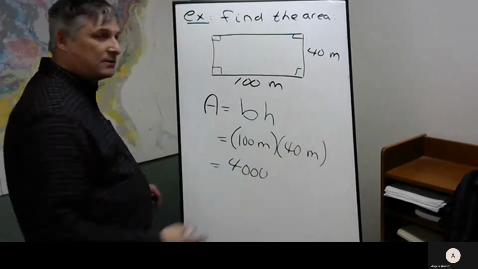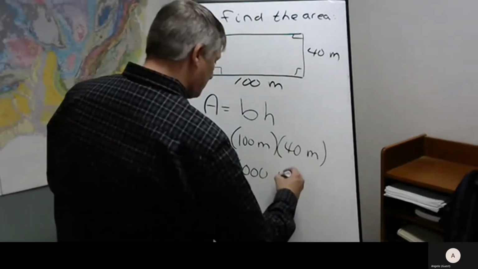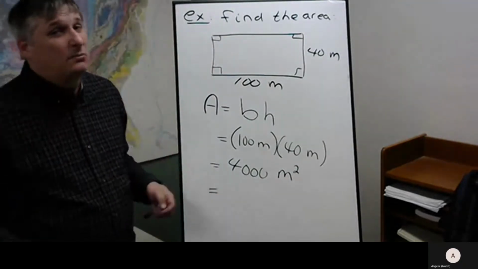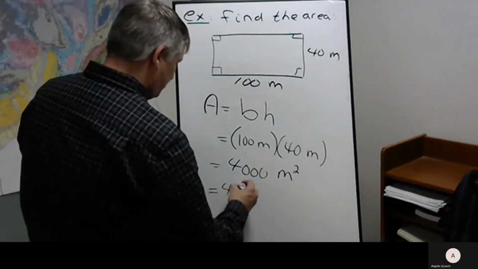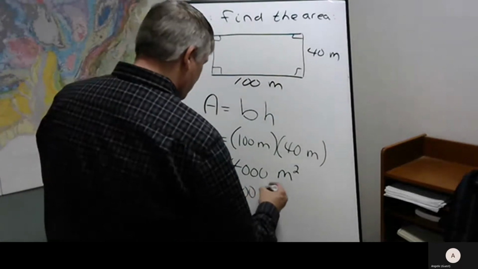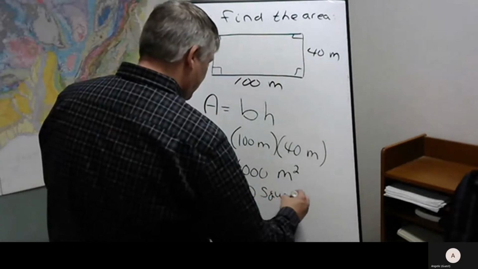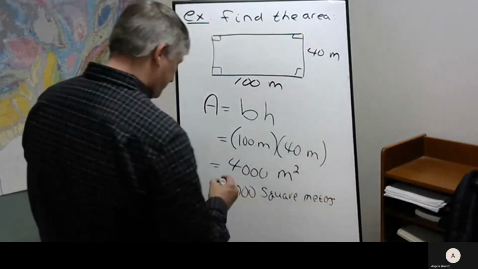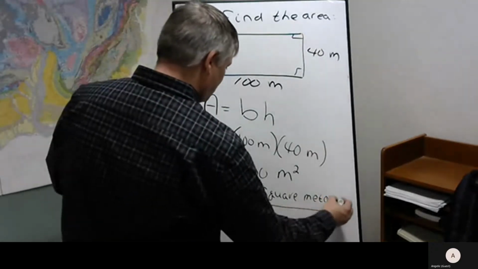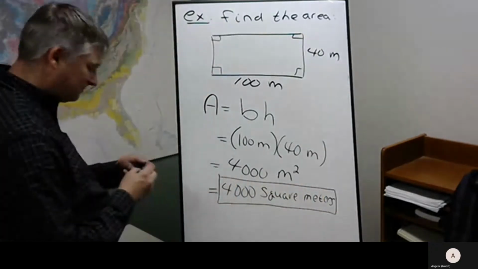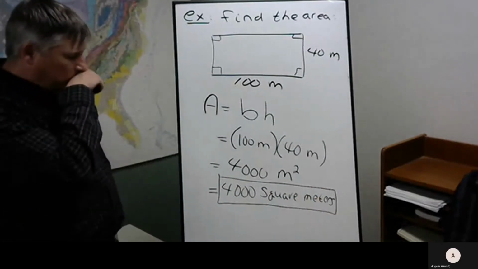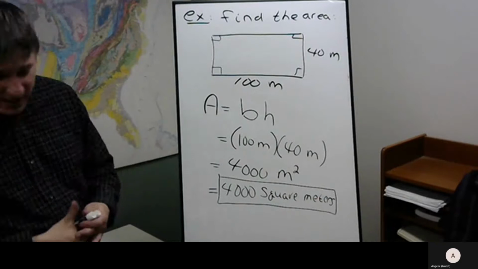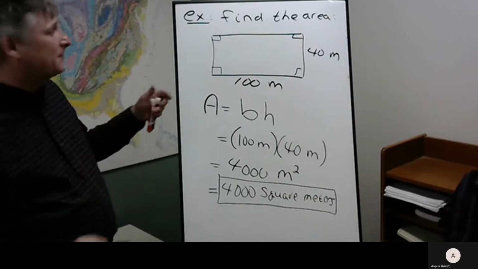And meters times meters is meters squared. Or how you'll see it most likely in the homework, 4,000 square meters. Excuse me. So those are the base times heights, and I'm just going to summarize these formulas.